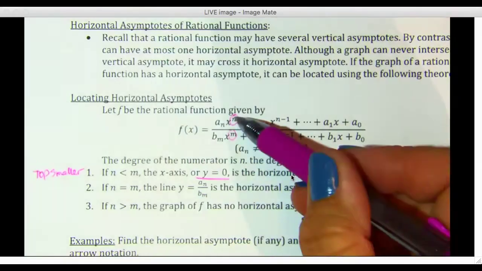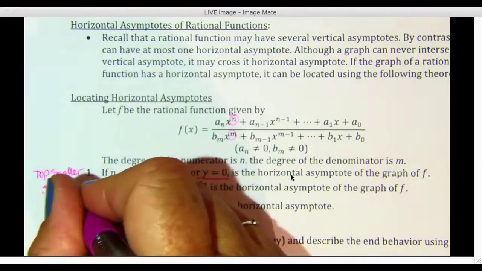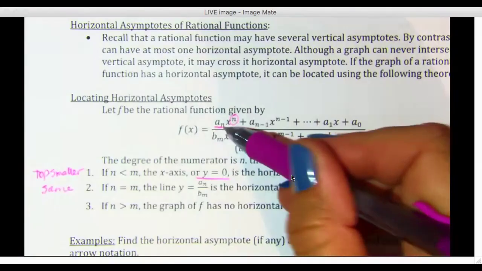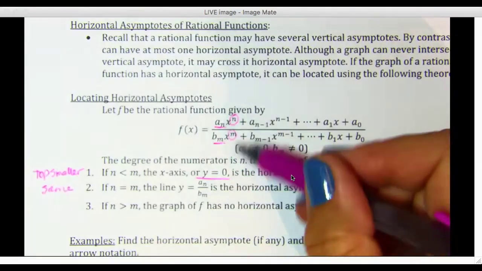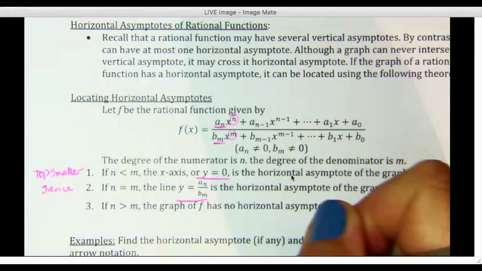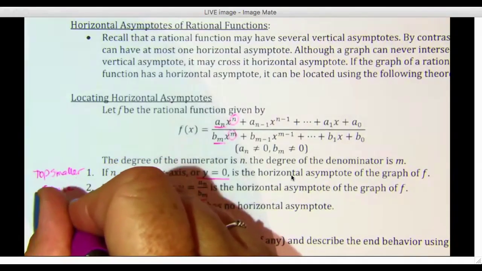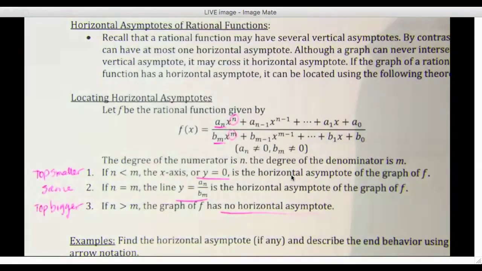If the degree of the top and bottom are equal, so same, then you have the equation of their leading coefficients, an over bm. These leading coefficients of those 2 terms give the horizontal asymptote. And then if the top is bigger, then there's no horizontal asymptote.